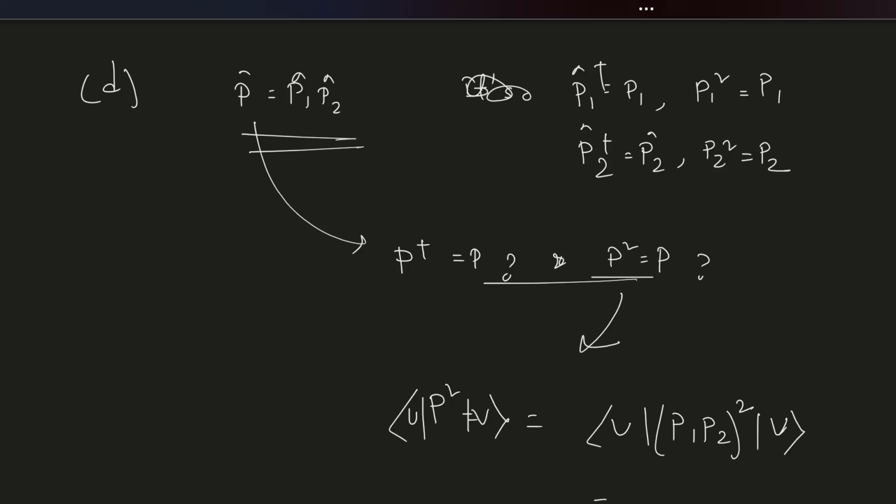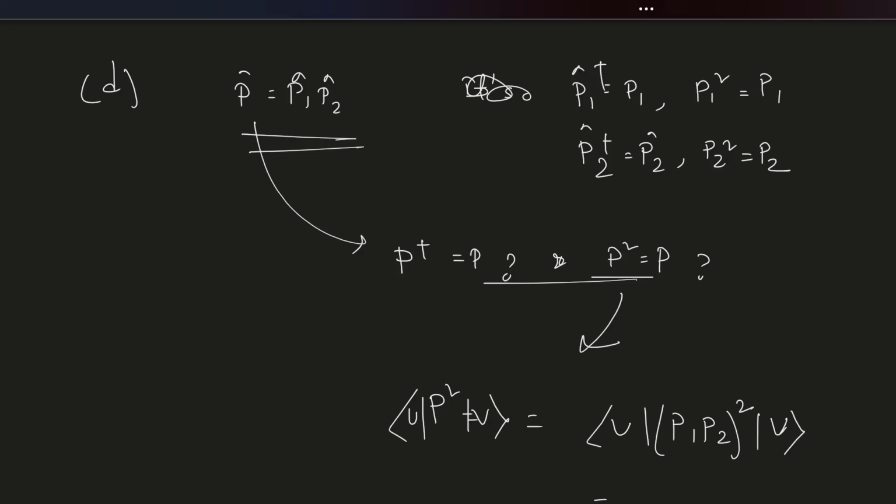Now, if P1 and P2 commute, that means the commutator bracket of P1 and P2 is 0. Then P1 P2 minus P2 P1 equals 0, so P1 P2 is the same as P2 P1. They commute.